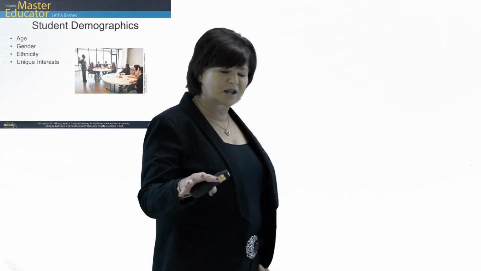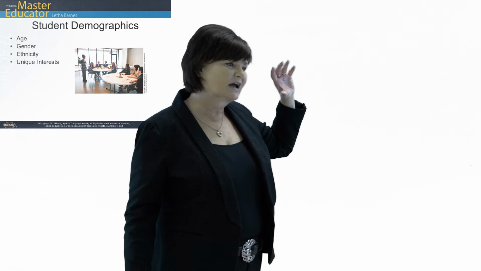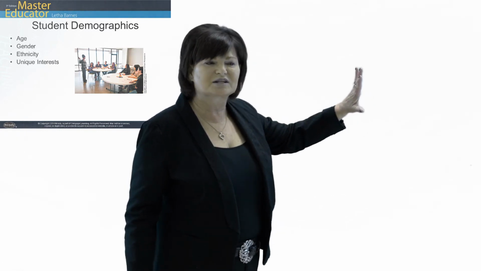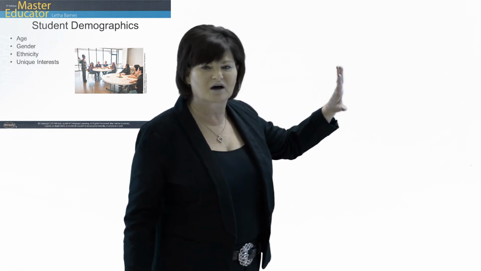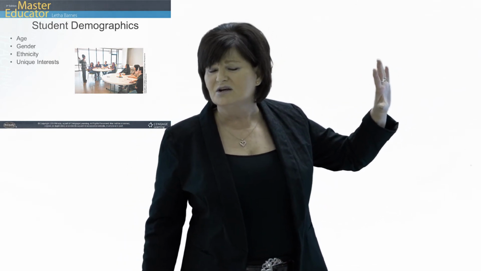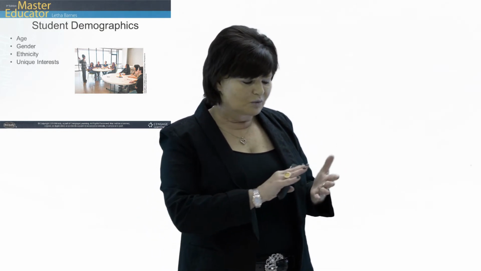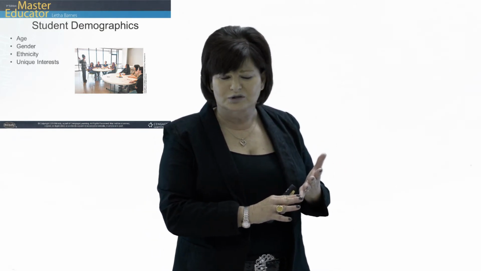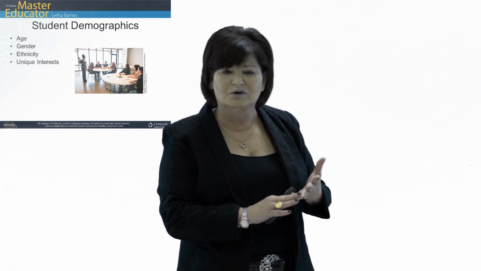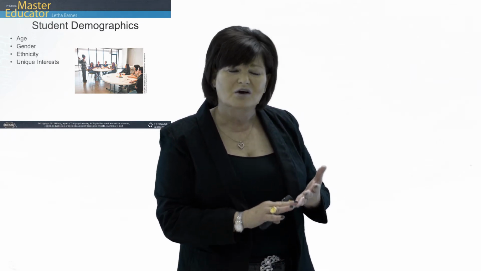When we're thinking about our classroom, we have to know age range. A student that's 65 will not respond the same way a student who's 17 or 18 will respond. So we have to be able to know those demographics. We need to know what their culture is. We need to know their national origin. We have to understand it.